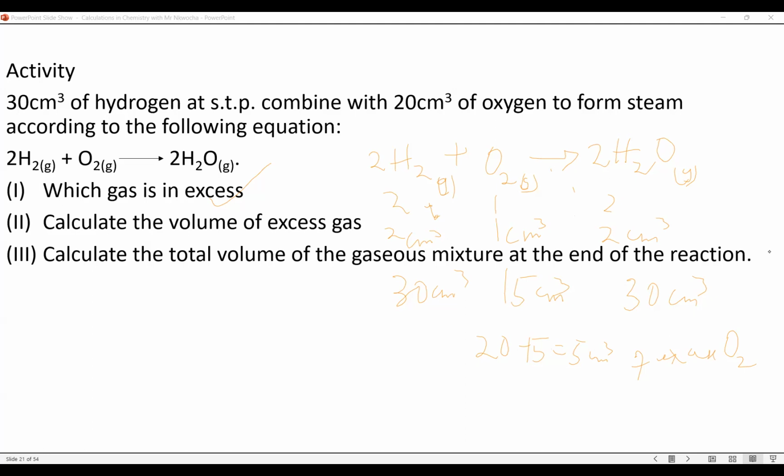The boiling point of oxygen is about minus 183 degrees Celsius. So that means at room temperature, that oxygen will be gas. That would be the only gas that is there.